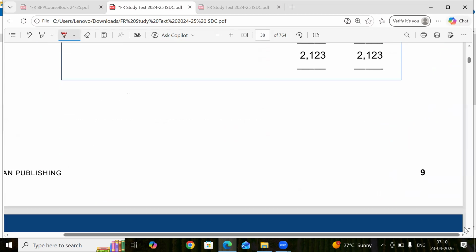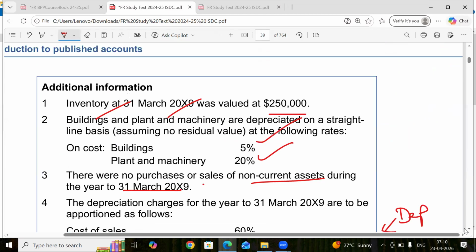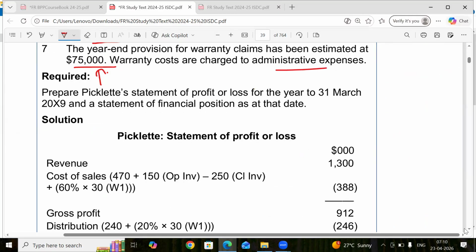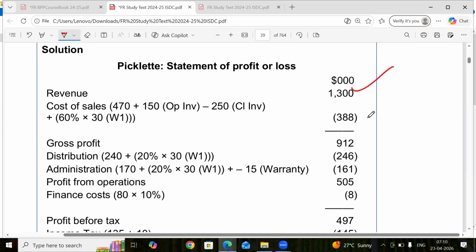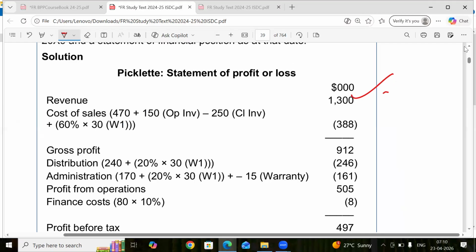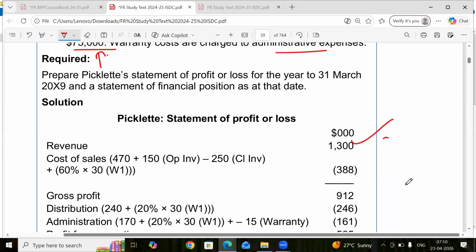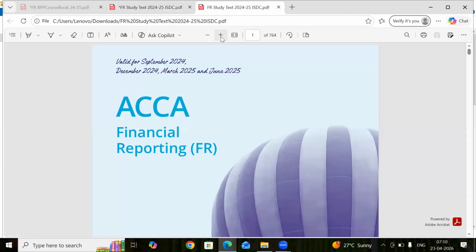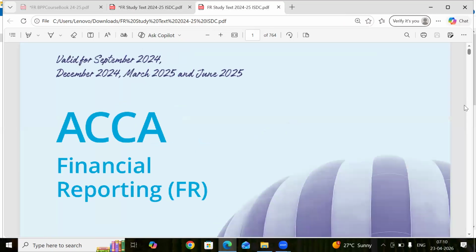Let's solve this question. First, we'll start with revenue. So revenue is 1300. So the first step is revenue. Whenever anyone starts question solving, it should be revenue.